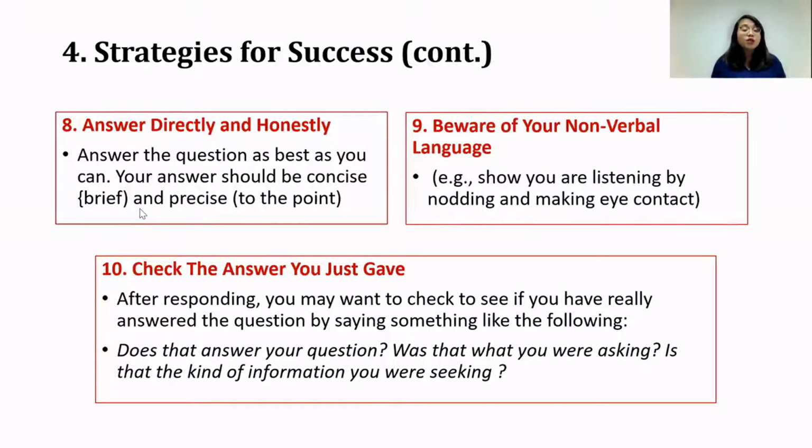Was that what you were asking? Is that the kind of information you were seeking? And then the questioner will respond, and if they think you have covered the question well and they say yes, then thank you. If not, then they will just provide more elaboration of their question and ask for further response from you. But regardless, it's okay to recheck the answer that we just gave.